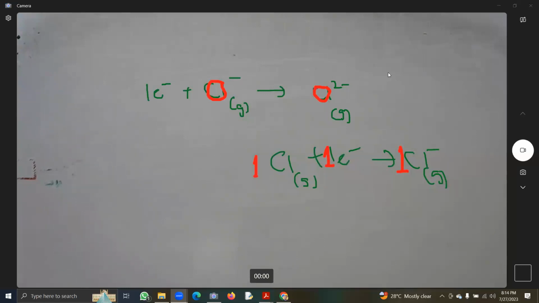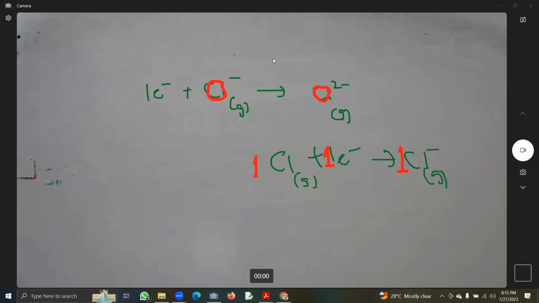But this one starts with 1 mole of gaseous -1 ions gaining 1 mole of electrons forming 1 mole of gaseous 2 minus ions. Copy that. These things we have to learn by heart.